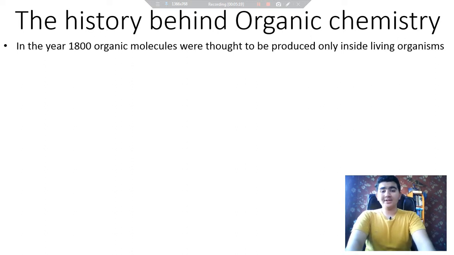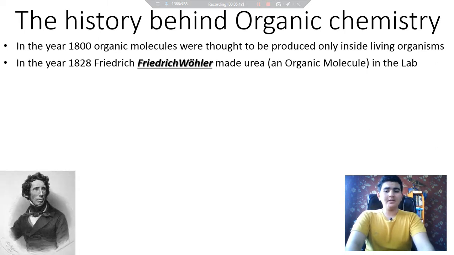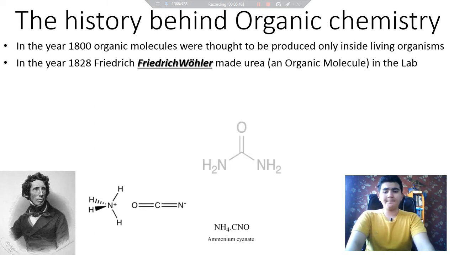Then suddenly everything changed when scientists learned to synthesize organic compounds in the lab. How did this happen? In the year 1828, a German chemist named Friedrich Wöhler was trying to make an inorganic salt called ammonium cyanate by mixing solutions of ammonium ions and cyanate ions. Wöhler was astonished that he had made urea instead of ammonium cyanate.